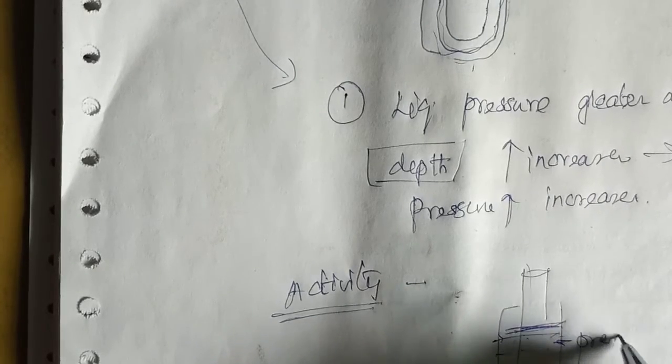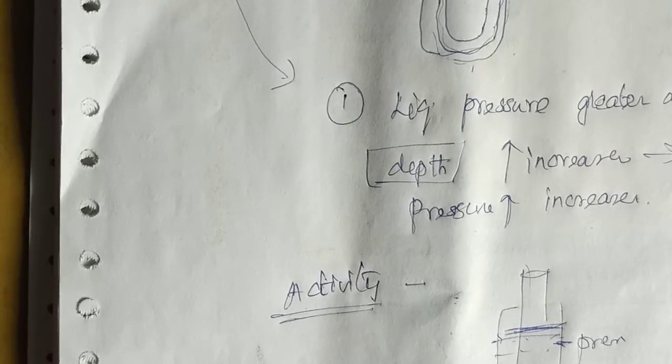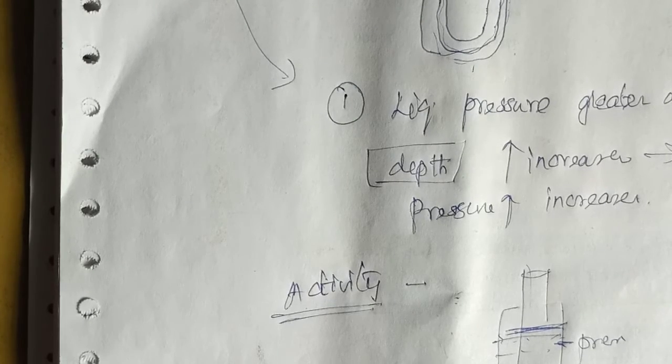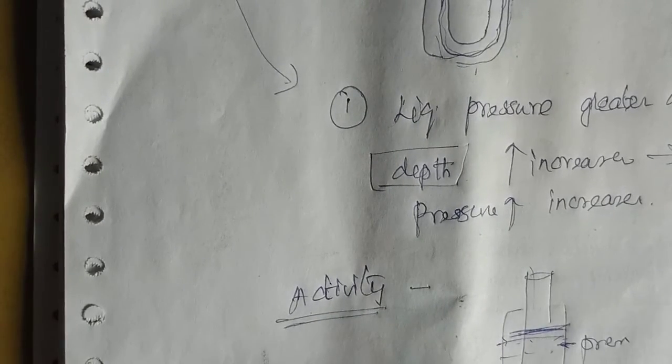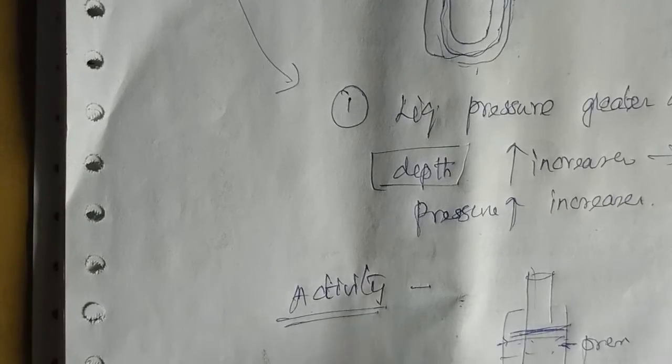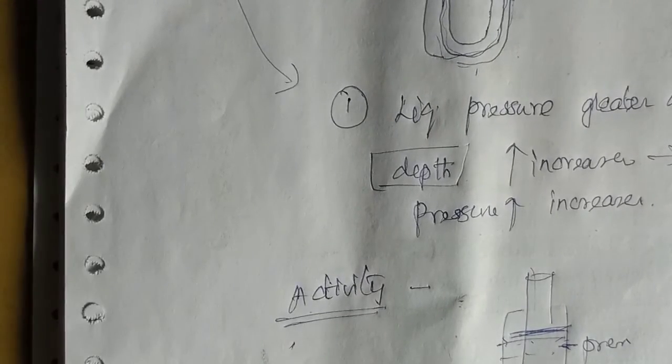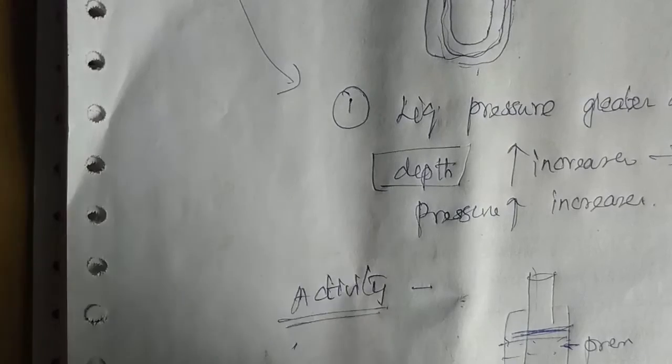The water comes out of all 3 holes in the same amount. That indicates that at a particular depth, the pressure is the same. You can try this activity also.